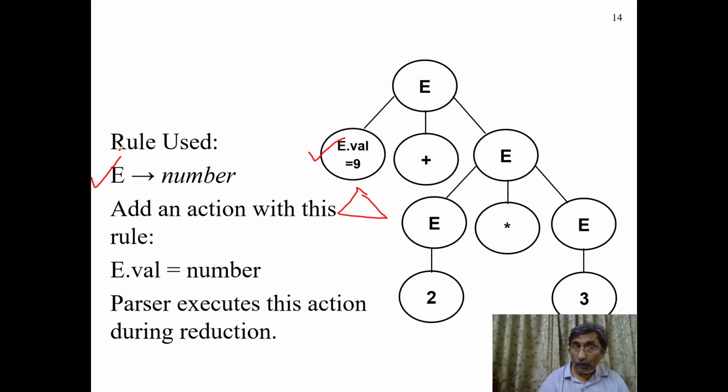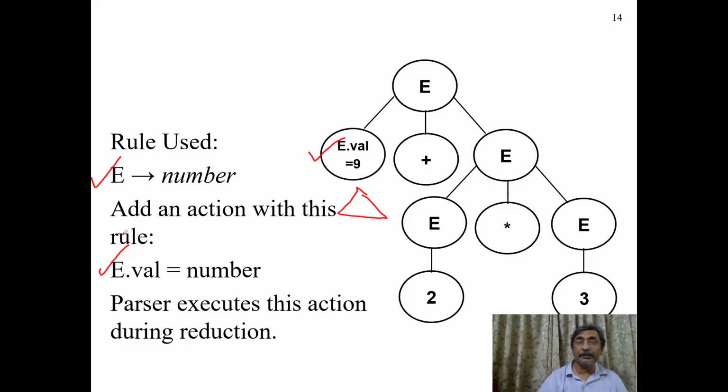The parser, when it reduces using this rule, must also execute this statement. And what is this statement? E dot val is equal to number. So by the value of number, it is assigning the val attribute of the non-terminal E. The parser executes this action during reduction. If it does that, then naturally E dot val becomes 9.